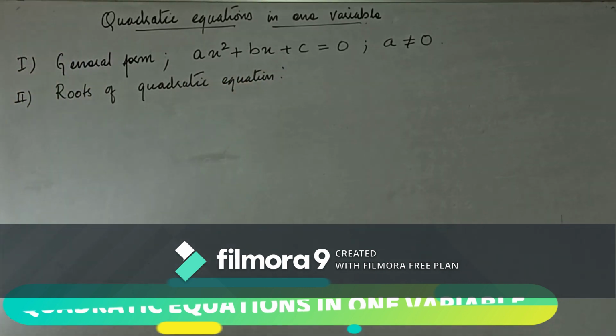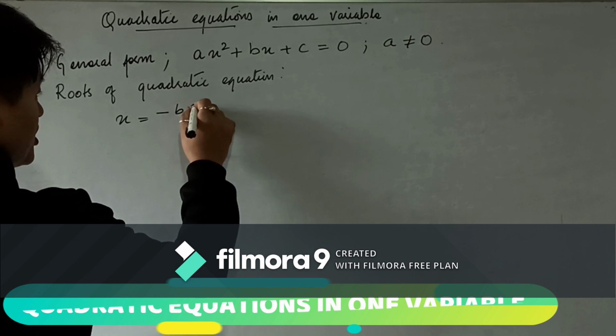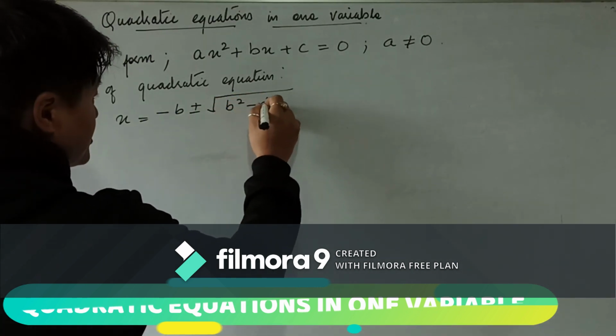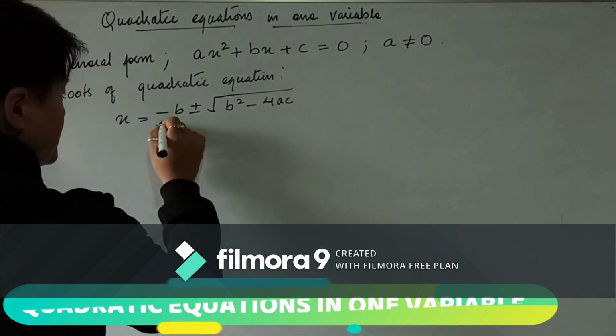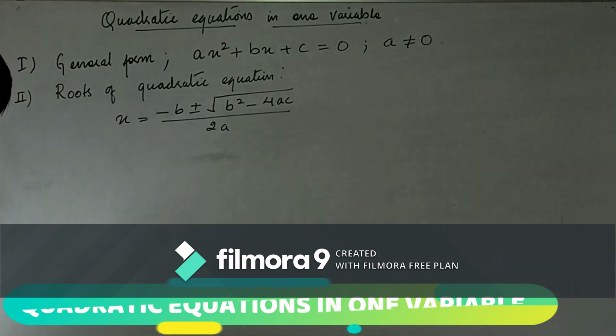A quadratic equation always has two roots. x = (−b ± √(b² − 4ac)) / 2a. From here only you can get the two roots.